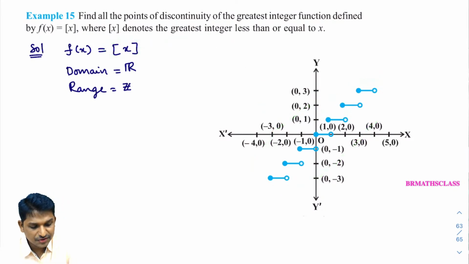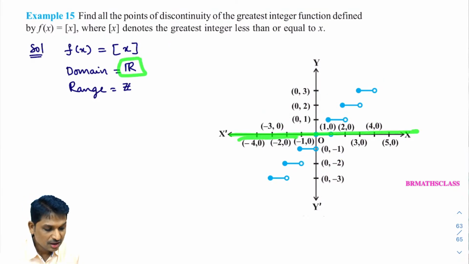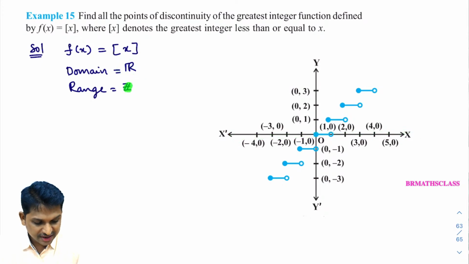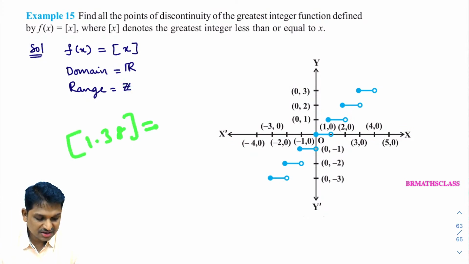Okay, first we will draw the graph of the greatest integer function. What is the domain of the greatest integer function? This function is defined for all real numbers. This is the domain. What about the range? Range is integers, because we know that step 1.38 is 1 only.